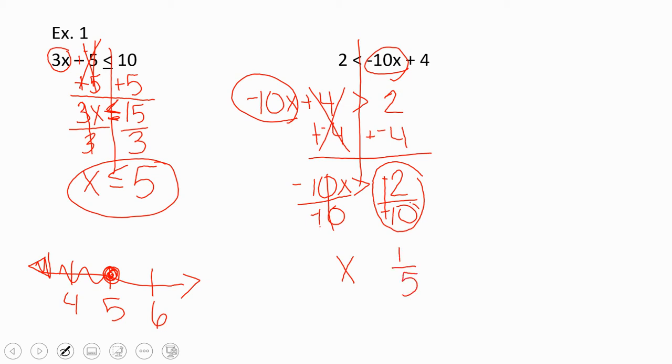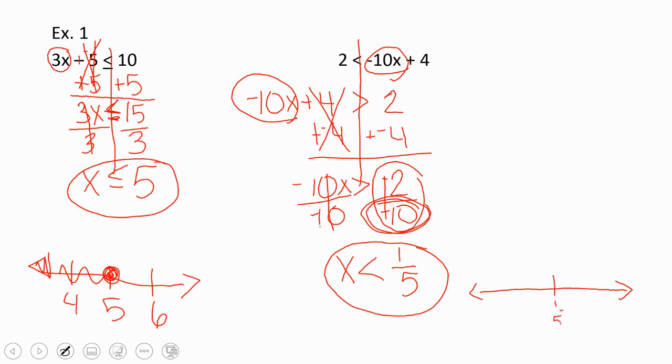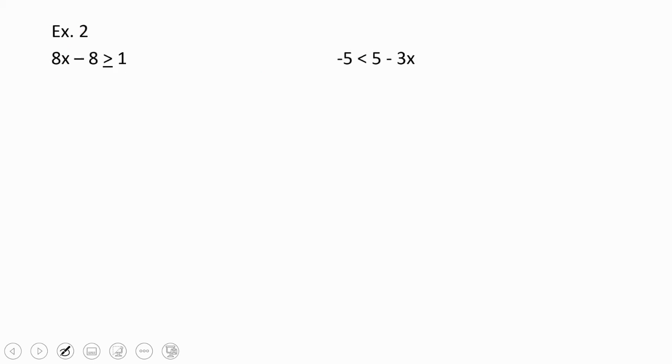And then since we divided by a negative, you have to flip your sign. Alright, this is just less than, so it's open circle, because it's not including 1/5, it's only the numbers that are less than 1/5. Okay, I'm going to do 2 more.